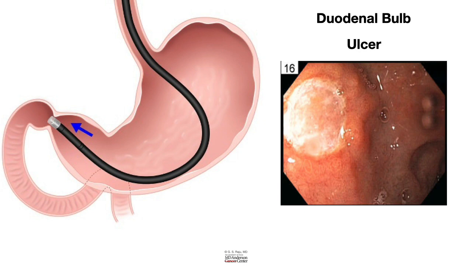Ulcers in the anterior wall of the duodenum, if untreated, are at risk for perforation, while ulcers in the posterior and inferior wall of the duodenum are more likely to bleed.